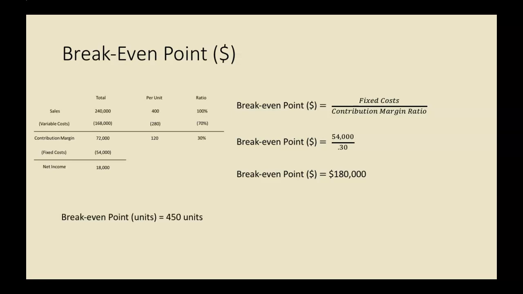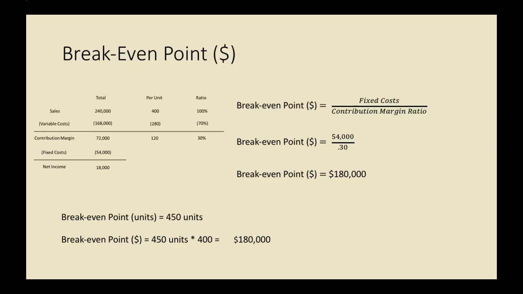Another way that we could have solved for that, we knew our break-even point in units was 450 units. And we know that our unit selling price is $400 per unit. So if we take our break-even point in units, multiply it by our unit selling price, we can solve for our break-even point in dollars that same way.